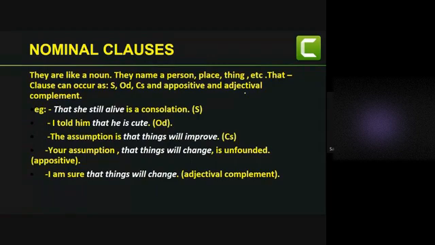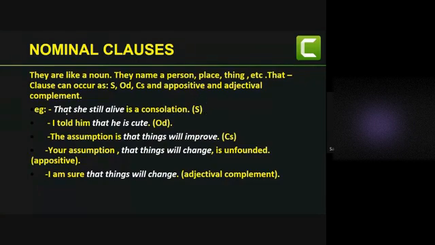Now we will come across a new term, which is complement for the adjective. Let us see the examples. That she is still alive. This clause functions as a subject, is a consolation. Here it functions as a subject.